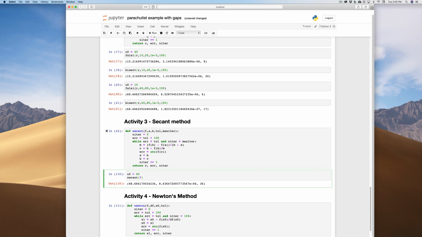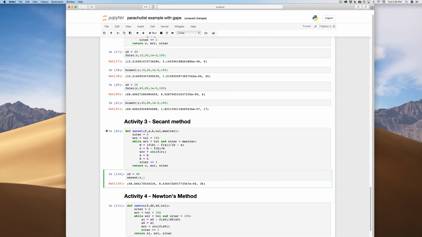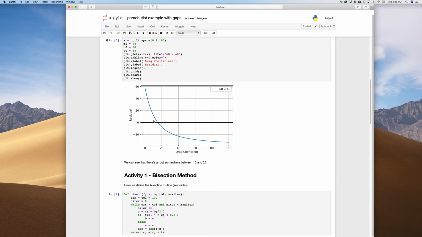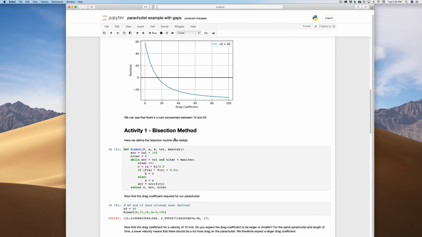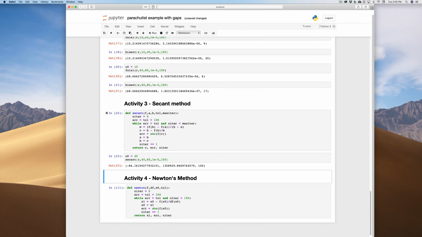Remember, m0 and t0 are still the same, and we call the secant method on the function f, and then we're just going to give it random brackets. For the speed at 40, the root is over here. So I'm going to pick two points, 40 and 60, let's say, and see if we can converge to the root. Okay, we call secant with 40 and 60, 1e-5 for error, and 100 iterations.